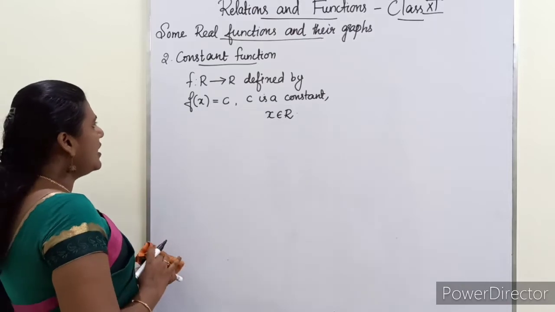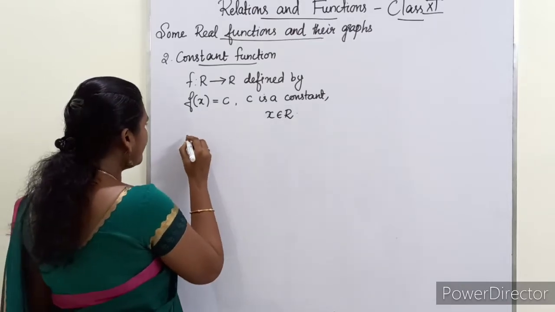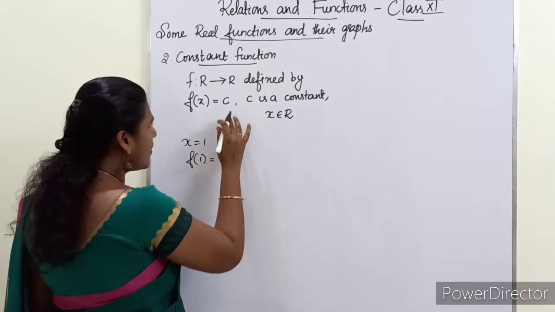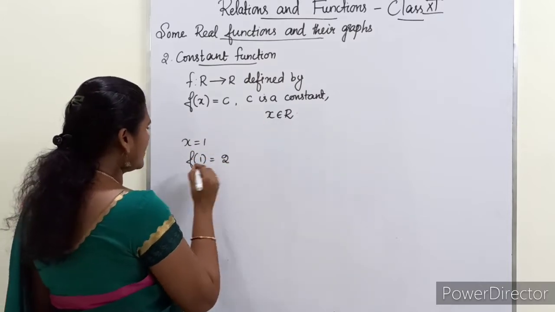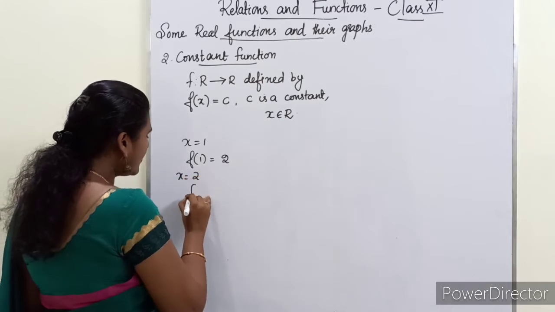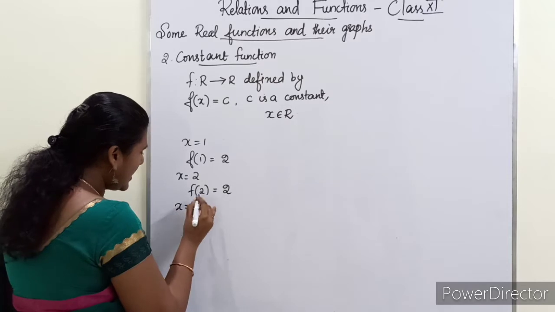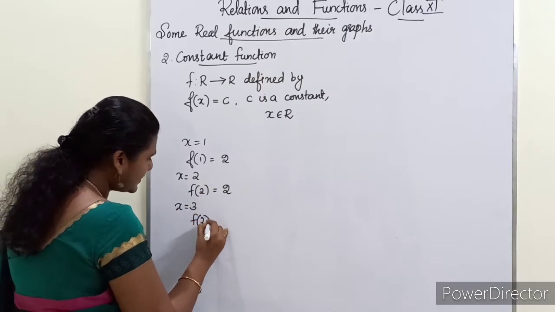For example, if you are taking f of x is equal to 2, c can be any constant, say 2. If you are taking x is equal to 2, f of 2 is also 2. If x is equal to 3, then f of 3 is also 2.